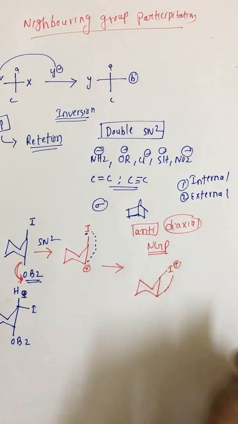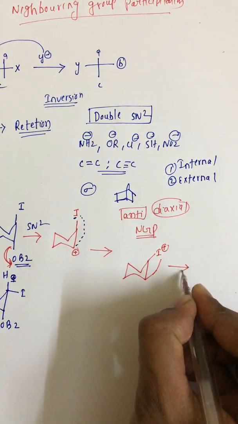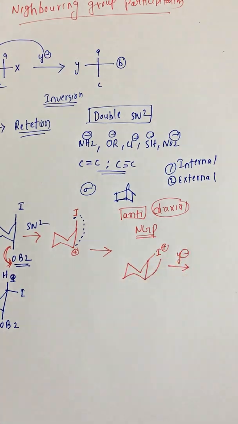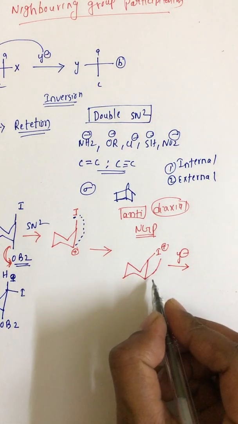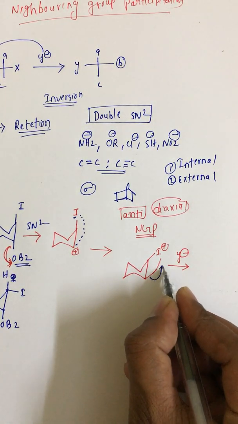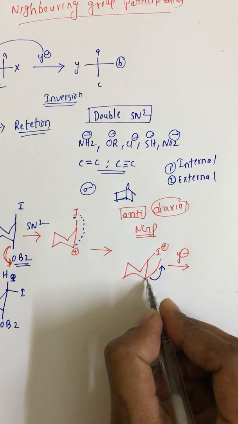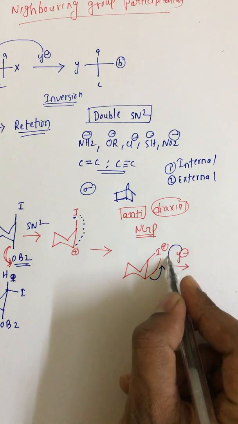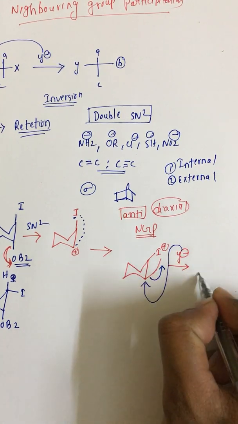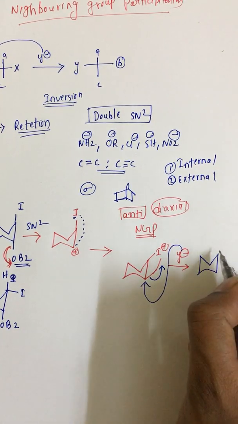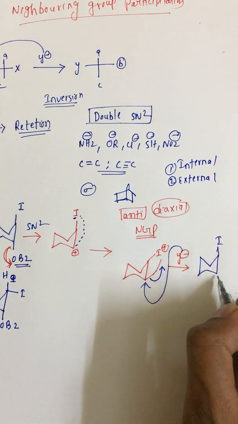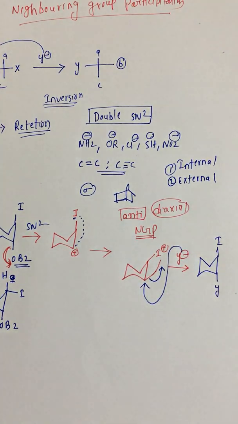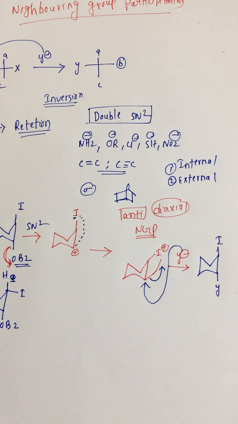Now the second SN2 reaction. Now the leaving group here is this, so it is going from the equatorial. So the second SN2 means the nucleophile has to come from axial, and this is the mechanism where neighboring group participation is there.